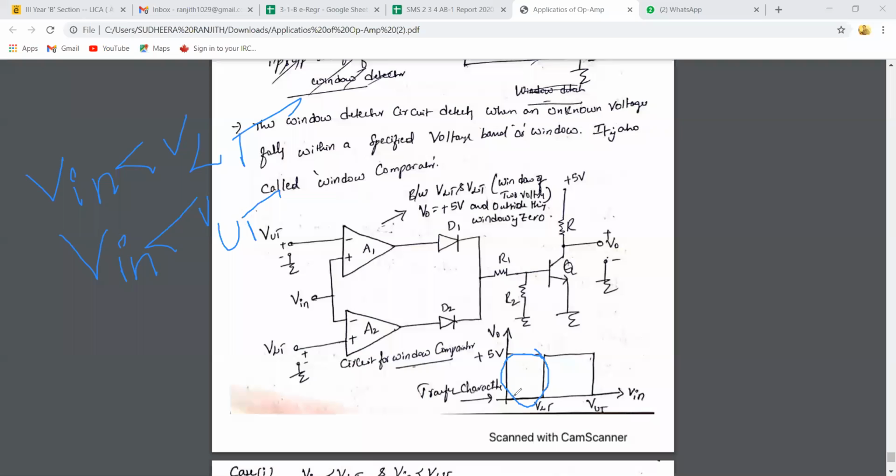Your output is 0 when V in is less than VLT, and when V in is less than VLT, V in is obviously less than VUT.